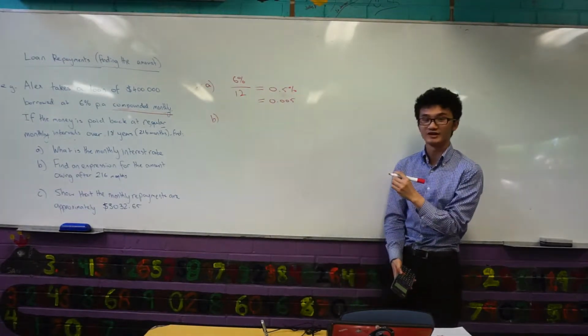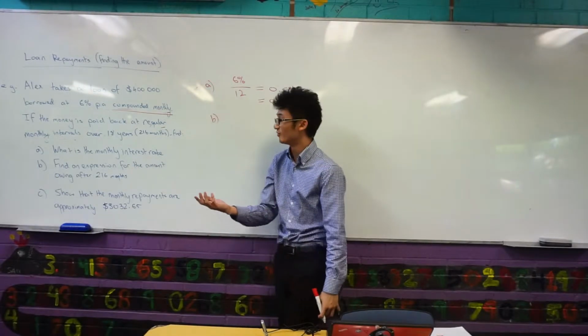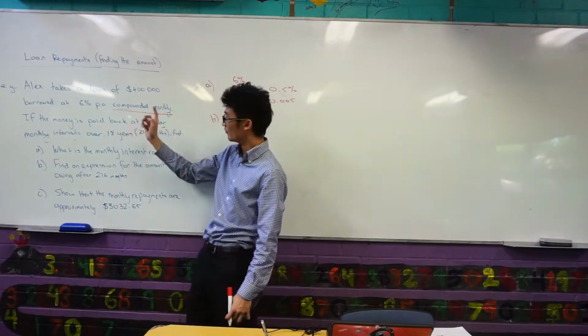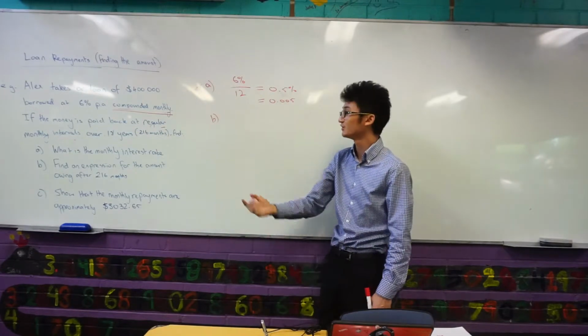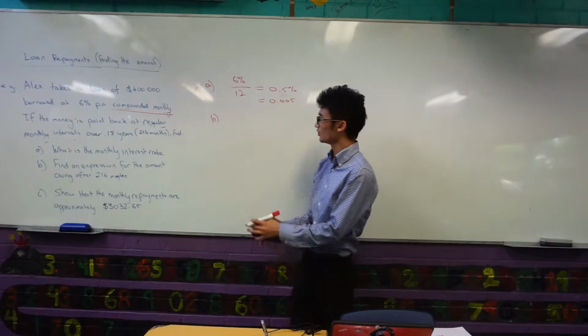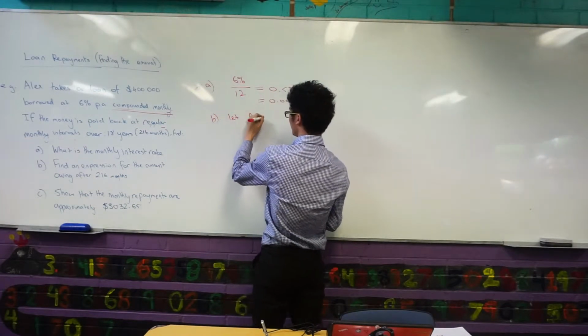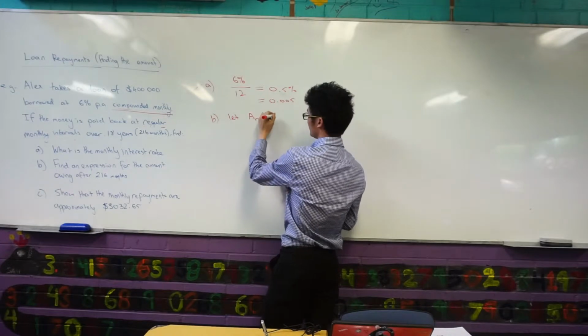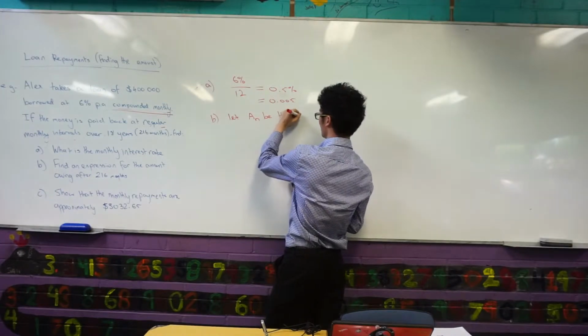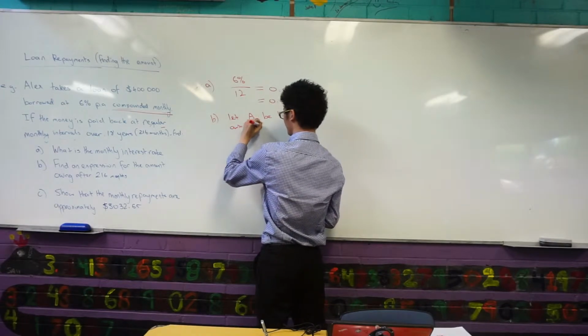Now that I have that, it's going to be really easy to express the amount owing after a certain number of months, because I'm making regular monthly payments, so I need to use this monthly interest rate to account for that. So for part B, let A n be the amount owing after n months.